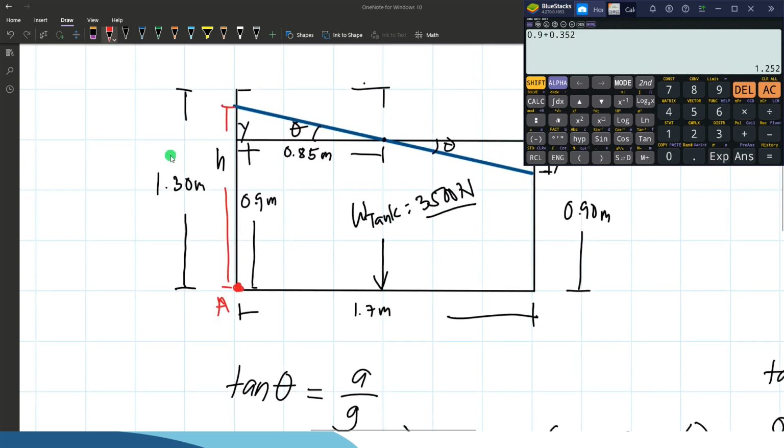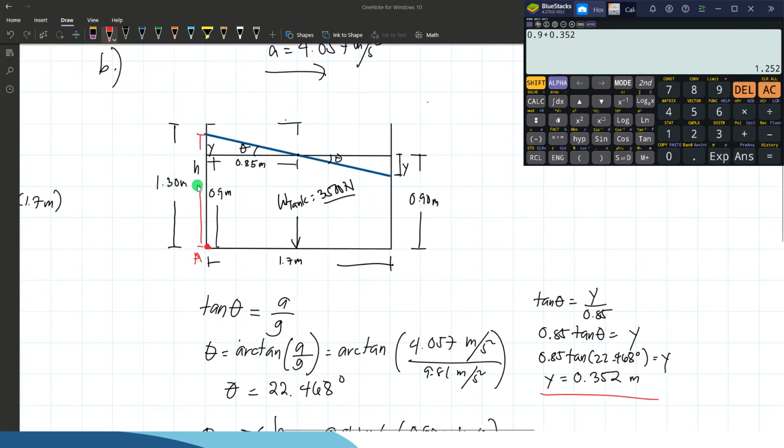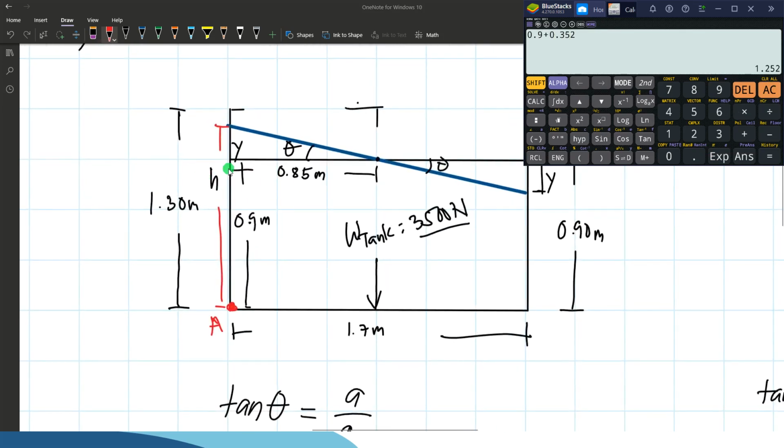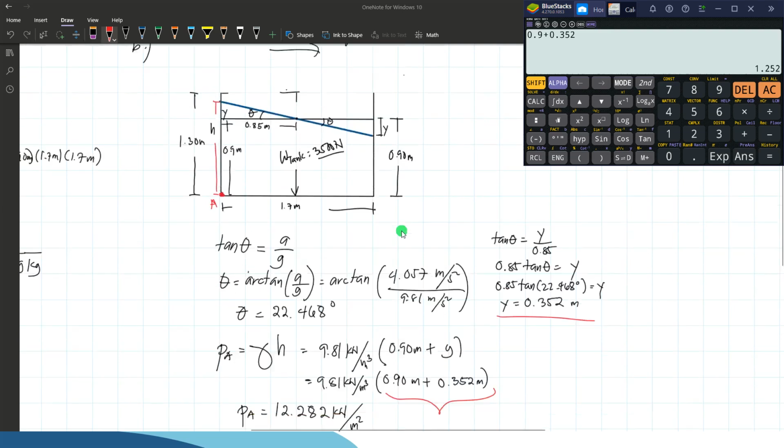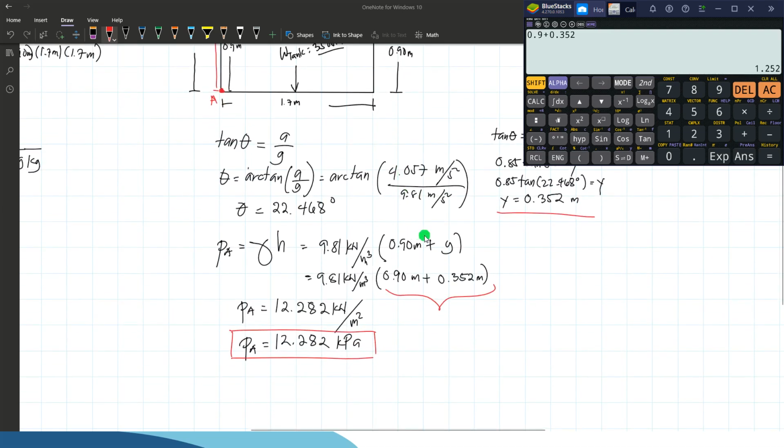So it doesn't exceed the depth of the container, because if the total height is more than the depth of the container, the tendency is the water will spill out of the container. So some of the water will be spilled, and we will have a new computation in this problem. So in this example, there will be no water that will be spilled out.